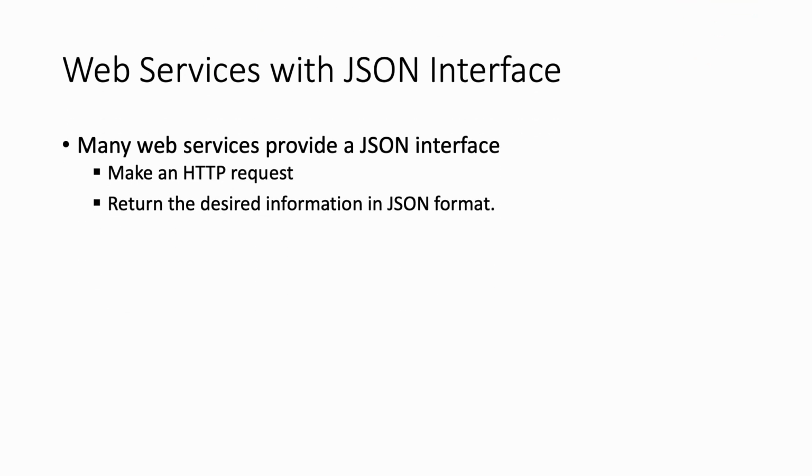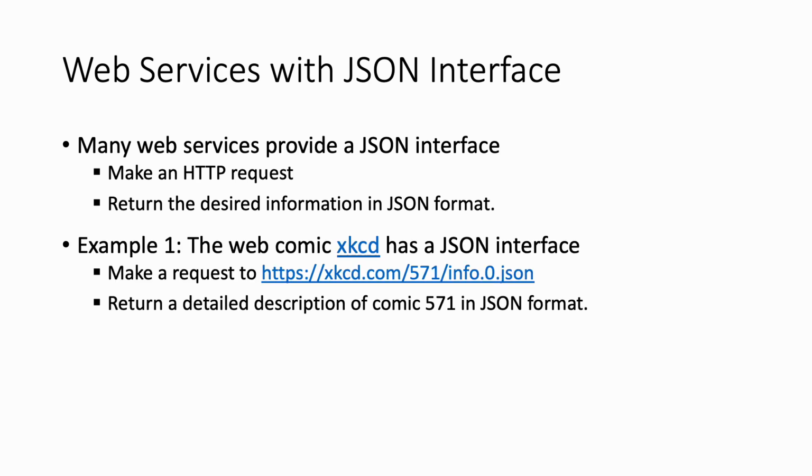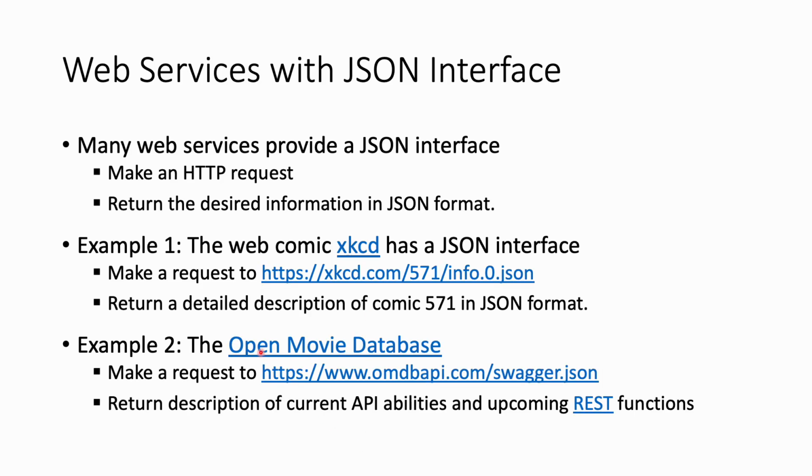There are many existing web services that provide a JSON interface. Those web services allow you to make an HTTP request and return the desired information in JSON format. Two examples of web services with JSON interface are the web comic XKCD and the Open Movie database.